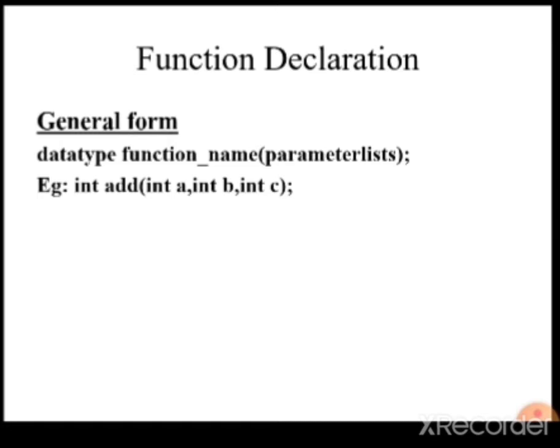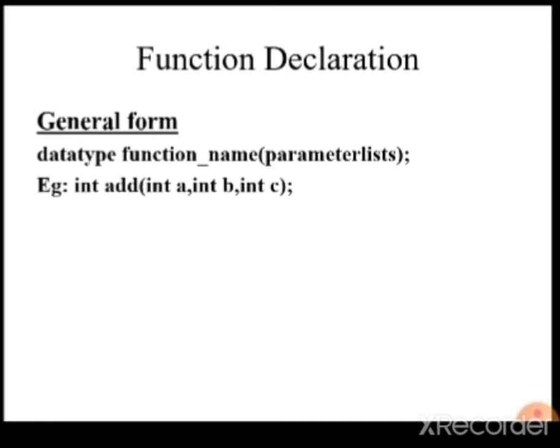In function declaration, we have to declare the function. Where to declare the function? We have to declare the function in the global declaration, that is before the main function, or you can declare it in the local variable declaration section, that is inside main. While declaring, first is the data type: int, float, char. Then the function name, which is a valid identifier. Any name you can give, but you have to follow the rules for identifiers.